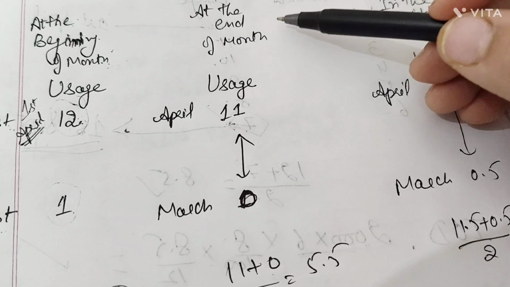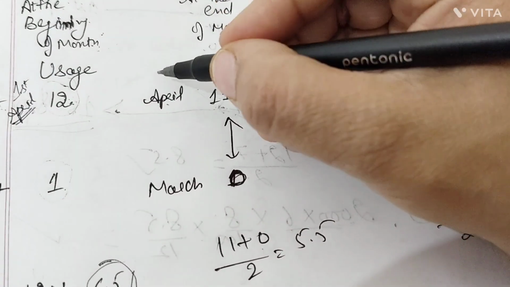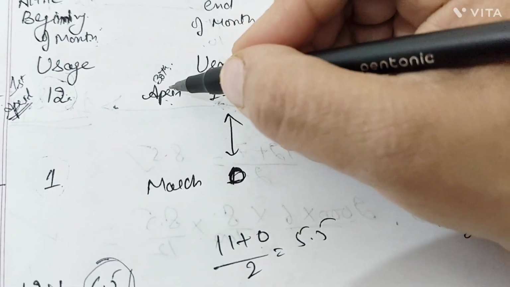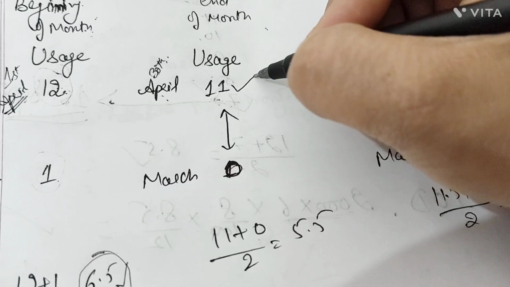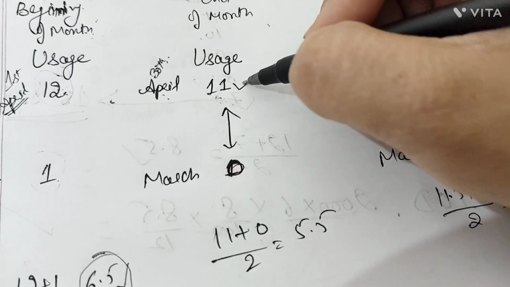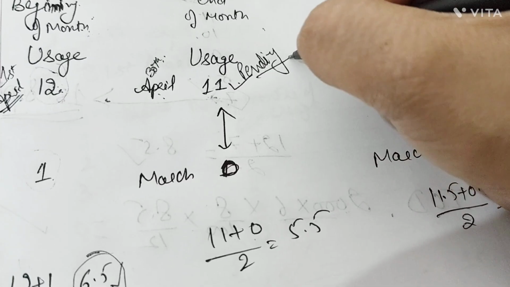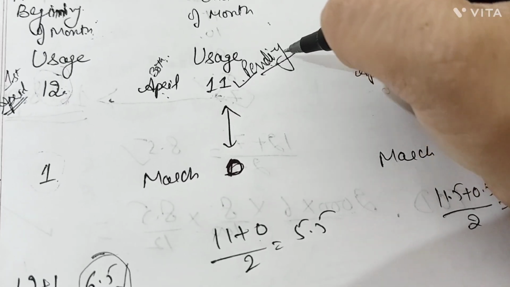If it is the end of the month, that means his first withdrawal is as on 30th of April. Then he will make use of this amount only for 11 months. You have to see the pending months because April has gone, so he would use it from May, June, July, August till March.